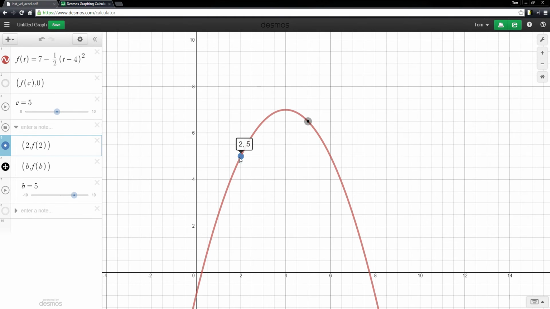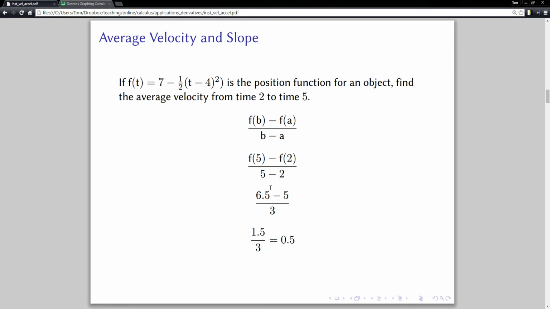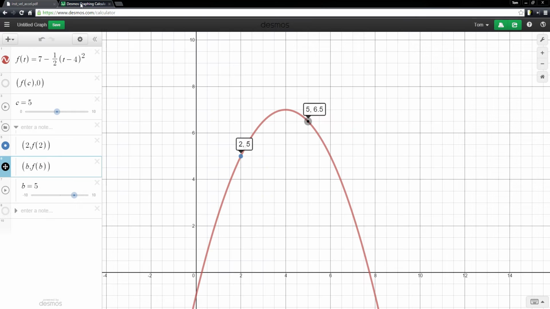And then this point over here was when we plugged in a 5 and we got a 6.5, right? So those were the values that we had here. 6.5 was the ending position of the particle, and then 5 was the beginning position, and then it took us 3 seconds to go there.